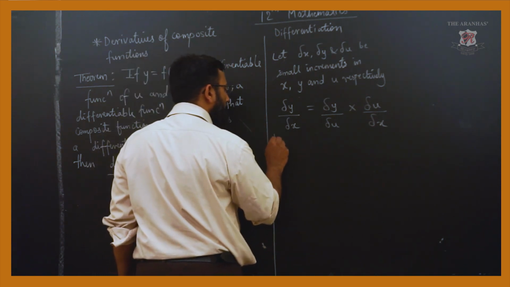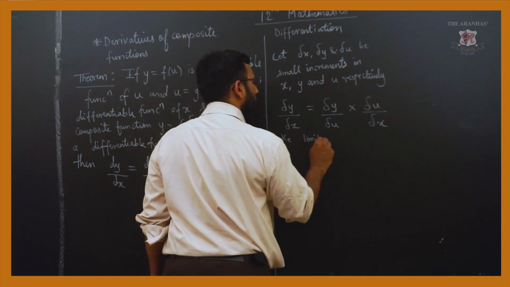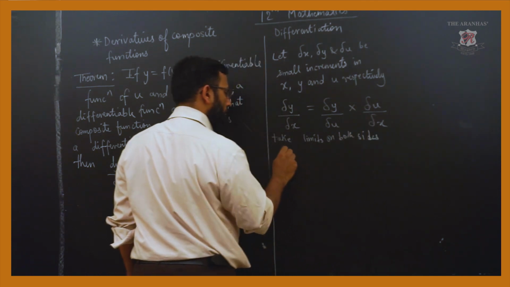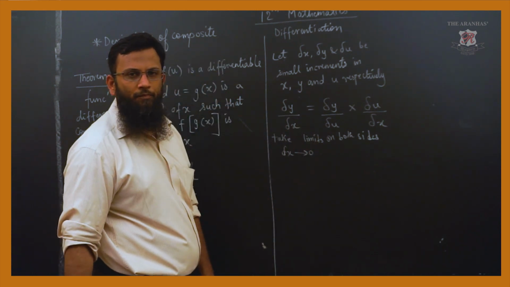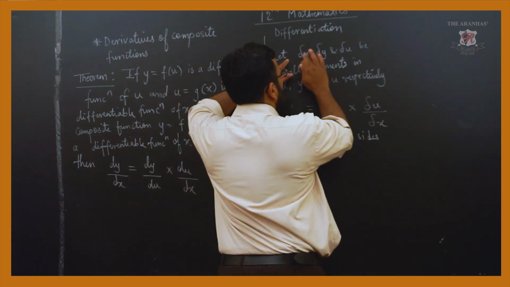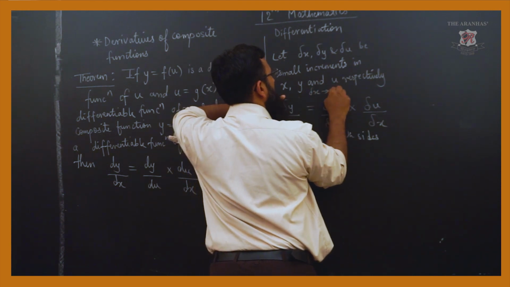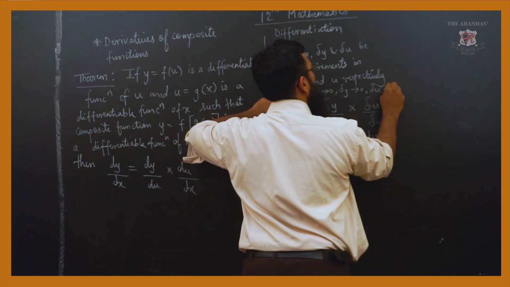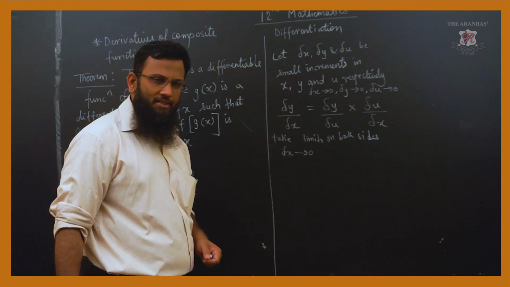Now if I take limits on both the sides with delta x tends to 0, also remember, these are small increments in such a way that delta x tends to 0, delta y tends to 0 and delta u also tends to 0. Now why does that happen? Let us see.